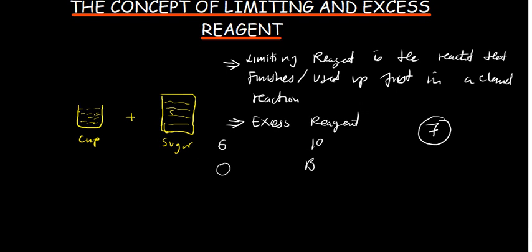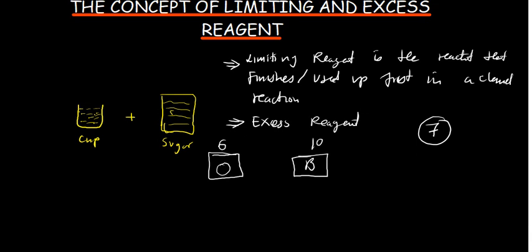Now here the oranges are going to be limiting. Why? Because they are going to finish up fast. They are few as compared to the bananas, which are a lot. So something that gets to finish first when you are reacting or when you are mixing things is called the limiting reagent.